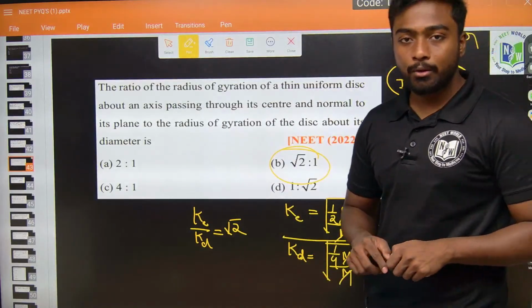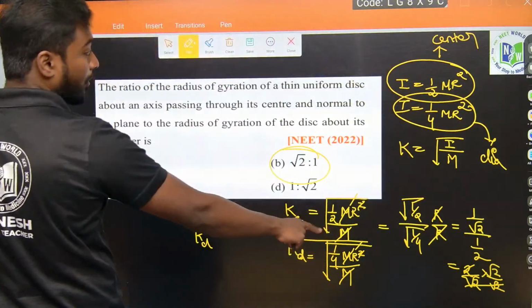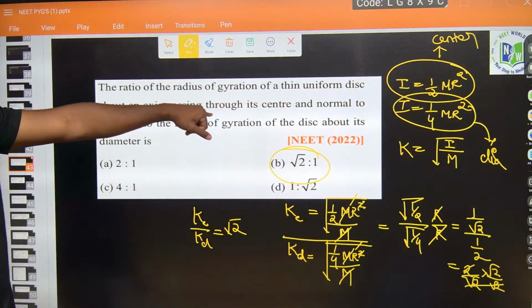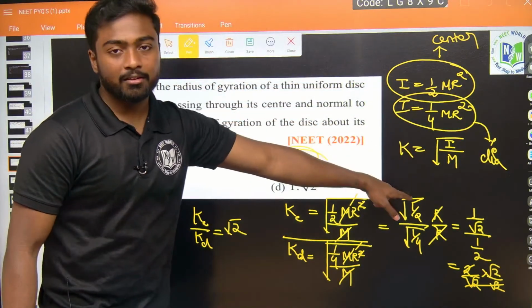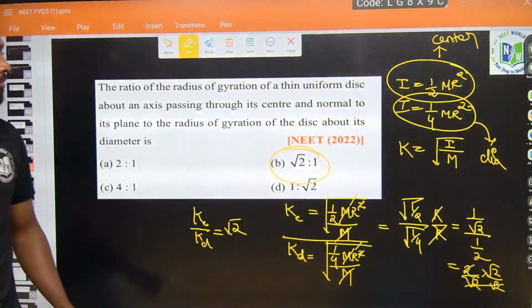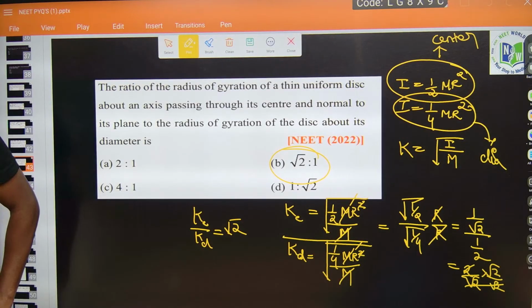Okay, so we have used moment of inertia for the center as well as the diameter in the radius of gyration. This is the concept we have used in the first question. So for the second question, yes, we'll go for the second question.